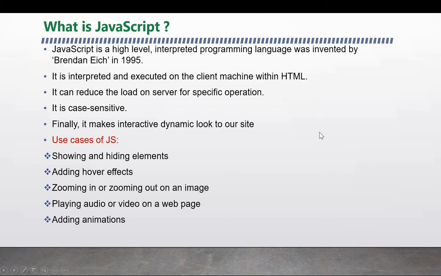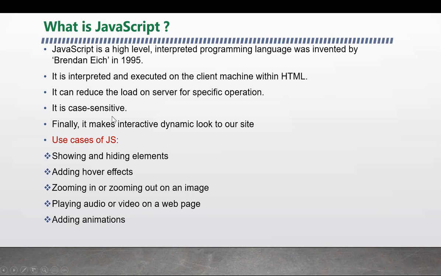As we know, JavaScript is a client-side high-level language, and it's hosted on top of HTML, because JavaScript cannot do anything alone. It brings dynamic behavior to your HTML website. So it is hosted within HTML.